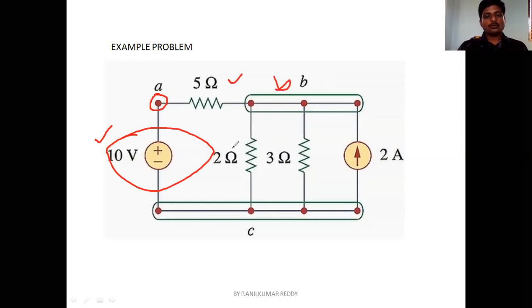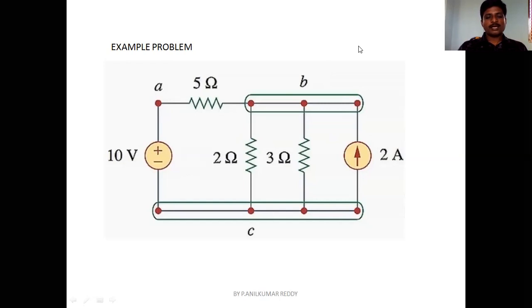Similarly, the 2 ohm resistor, 3 ohm resistor and 2 ampere source are connected between node B and node C. Therefore, they are also called branches. So totally we have three nodes and how many branches? 1, 2, 3, 4, 5 branches. So we have 3 nodes and 5 branches in this diagram.